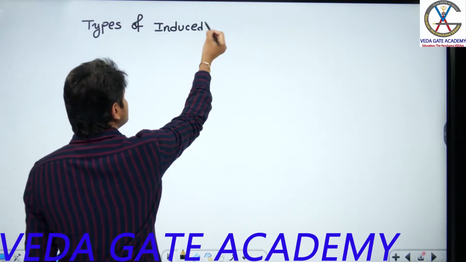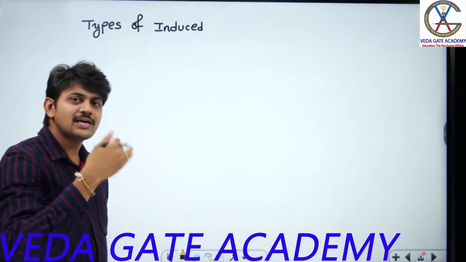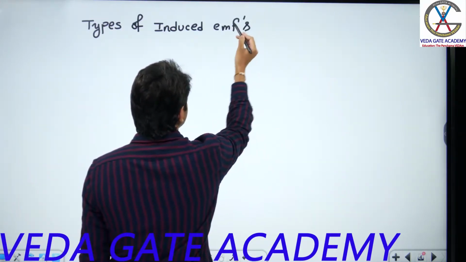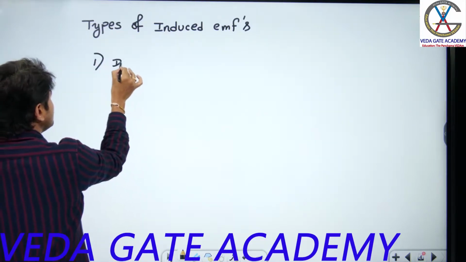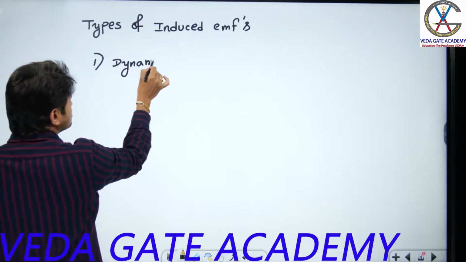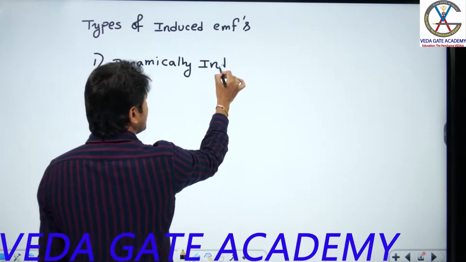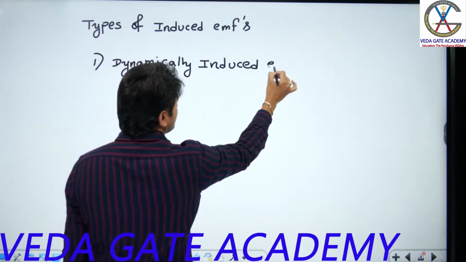So based on whether we are creating relative space or time variation, this classification is made. The first one is dynamically induced EMF. And the second one is statically induced EMF.